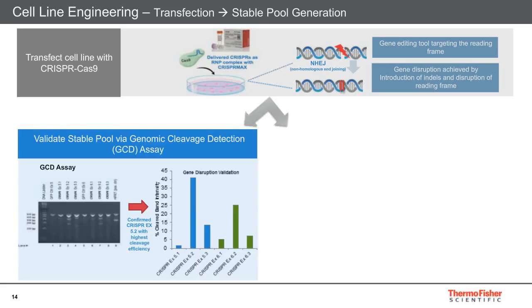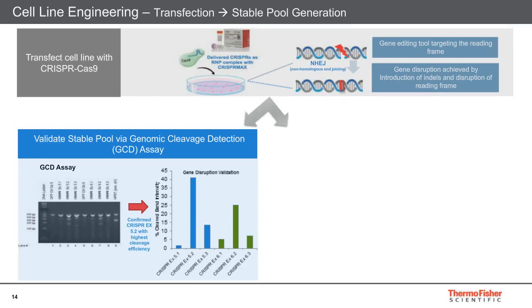We took these transfected cells and subjected them to the genomic cleavage detection assay and quantified the cleaved products, and by quantification we identified the CRISPR that I'm highlighting as EX5.2 CRISPR as the best performing CRISPR.